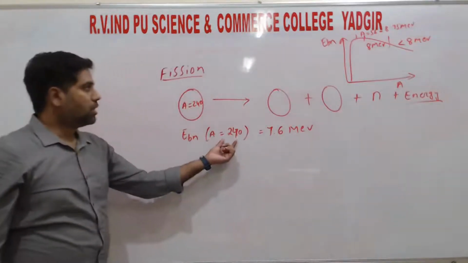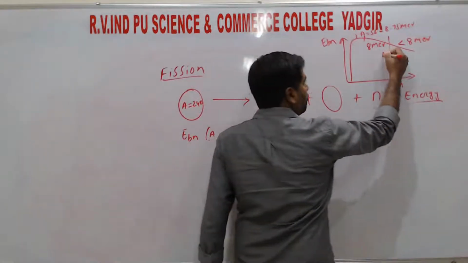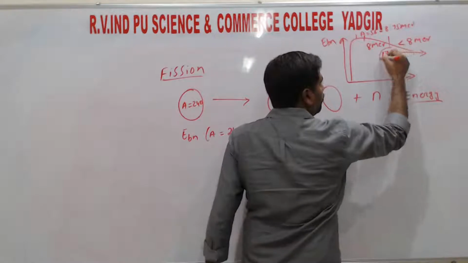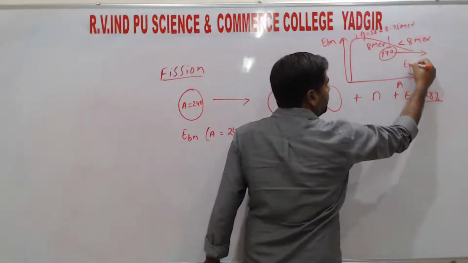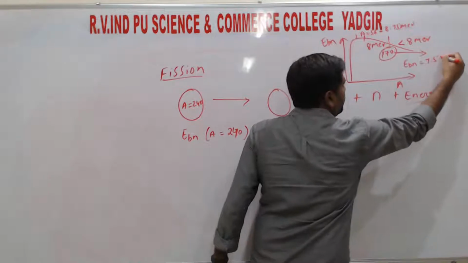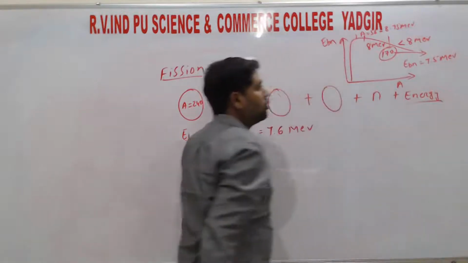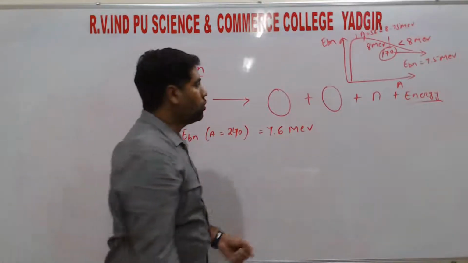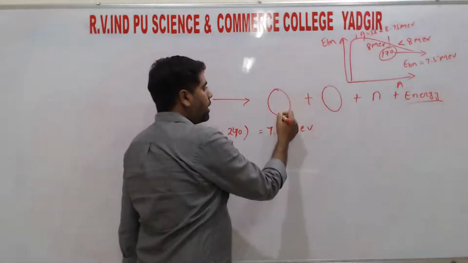So this lies after mass number 170, right? Here, for mass number above 170, the specific binding energy is almost 7.5 to 7.6 mega electron volt. So this nucleus is split into two separate nuclei of comparable masses.